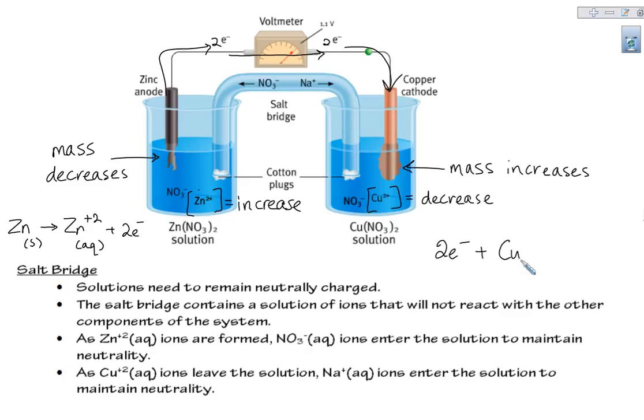They'll be attracted to the copper plus 2 ions in solution, and then we'll form solid copper. Fabulous. And this is the anode where oxidation occurs, and the cathode is where reduction occurs.